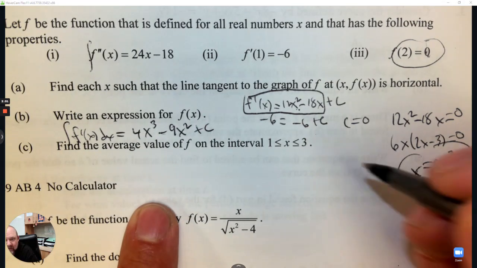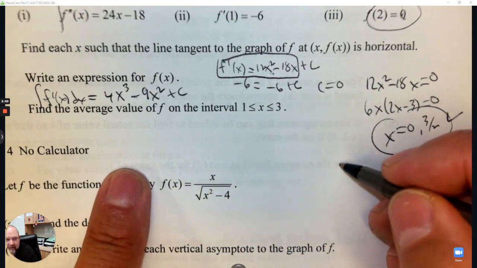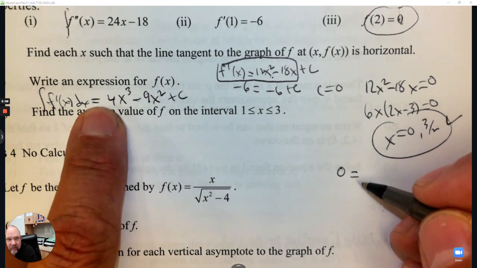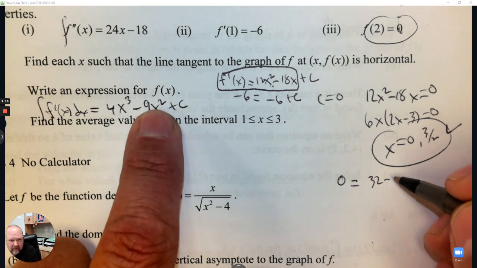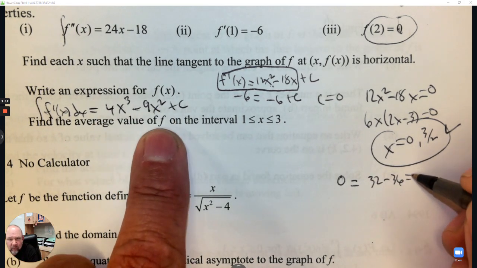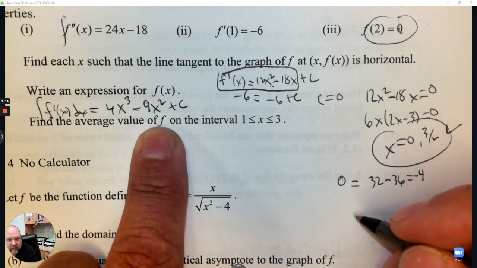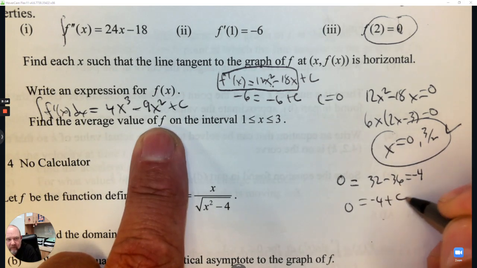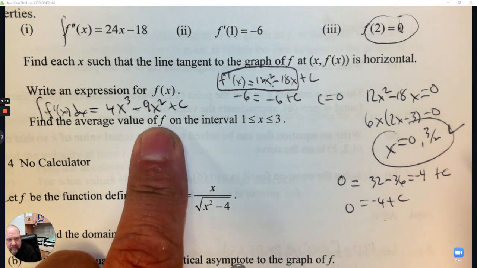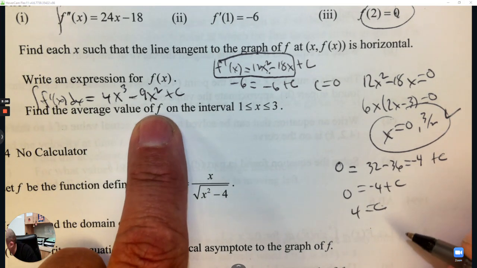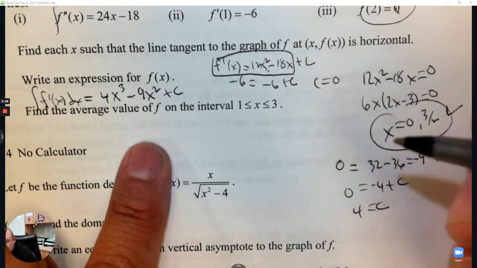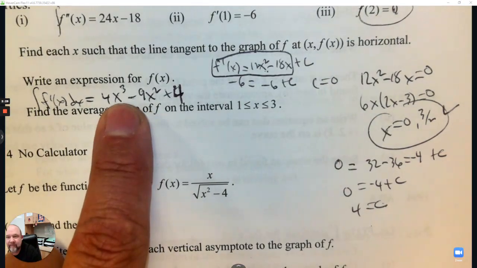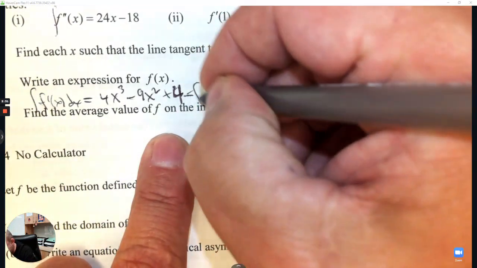So I'm going to make it equal to 0, and plug in 2. That gives me 32, minus 36, that's -4. So add 4 and you get c is equal to 4. So if I put it together, there's the function, f of x.